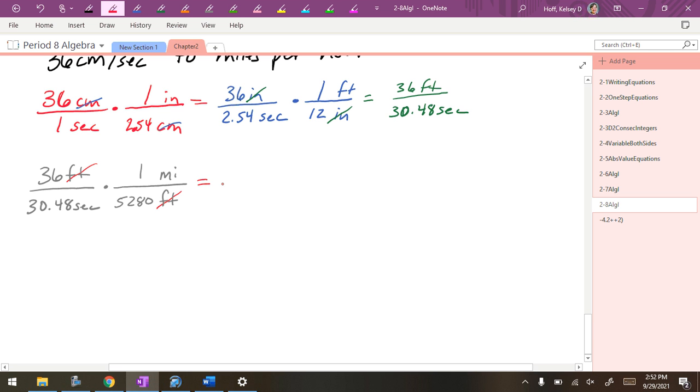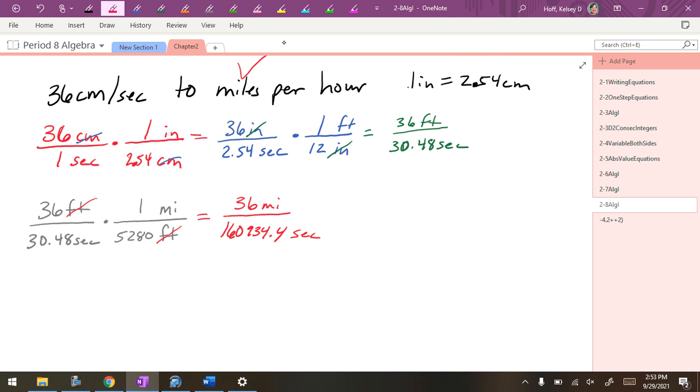Multiply, we get 36 miles over 160,934.4. And my label? Seconds. Woo! We got one done.